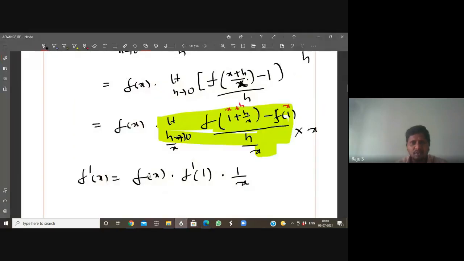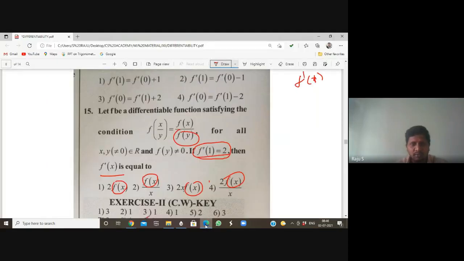Shall I substitute in place of f dash of 1, 2? Yes, we can. So f dash of x is equal to 2 by x into f of x. Which is the following option that is correct? Fourth option. That's all.